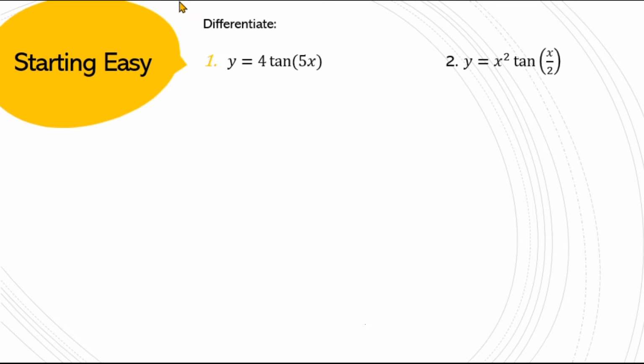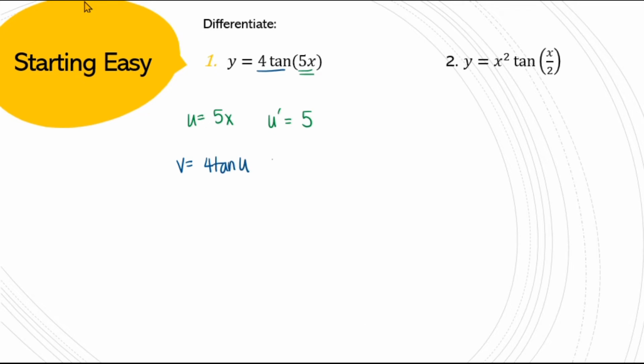So let's say that the inner function is 5x, which we could call u. So if u is 5x, we know that u prime is 5. And let's say our outer function is 4 tan u. We'll call that v for 4 tan of u.